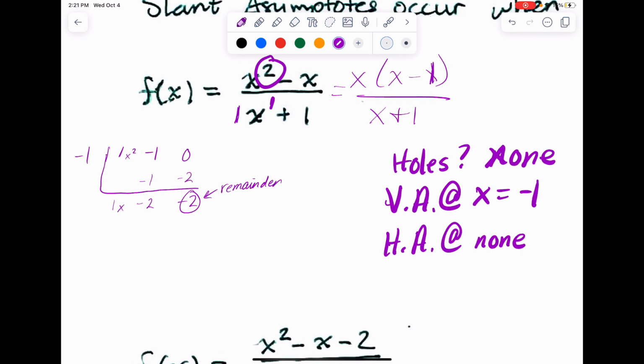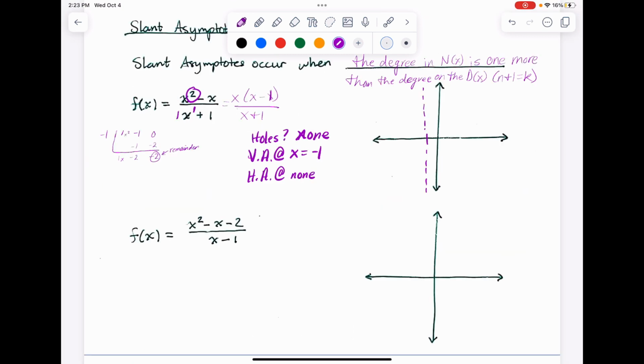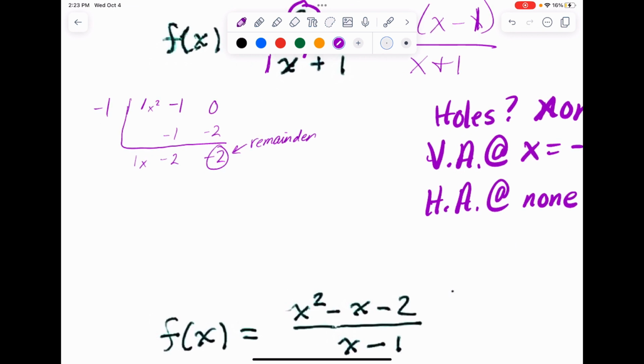In the past, normally I would have said that this remainder is an issue. But here, I actually don't care about my remainder. All I care about is this equation right there. That is going to be the equation for the slant asymptote.